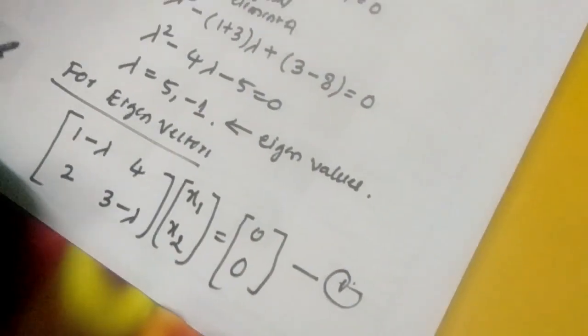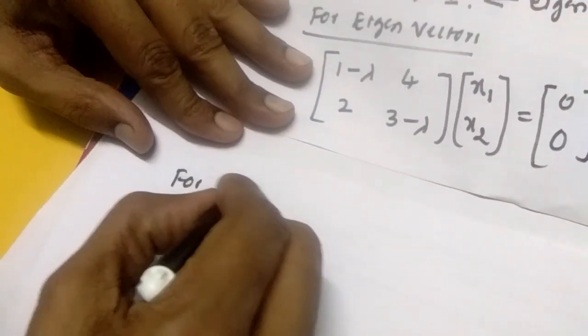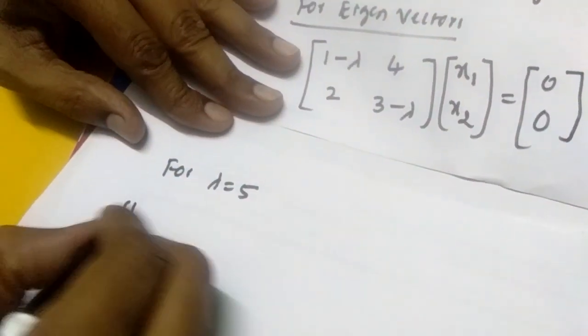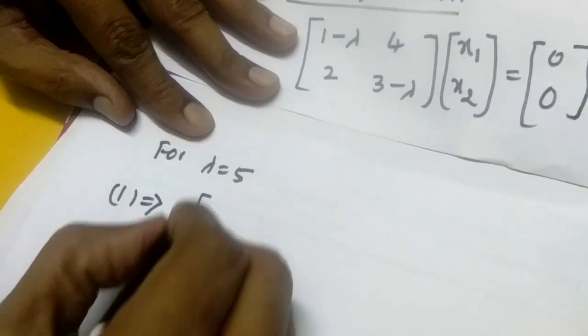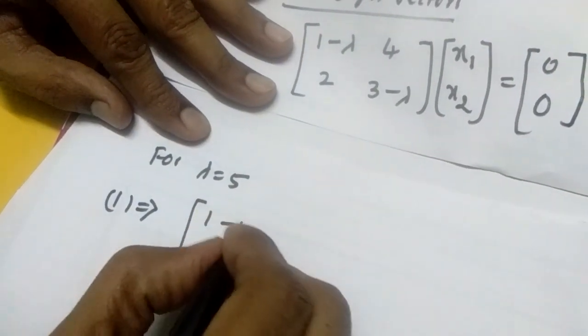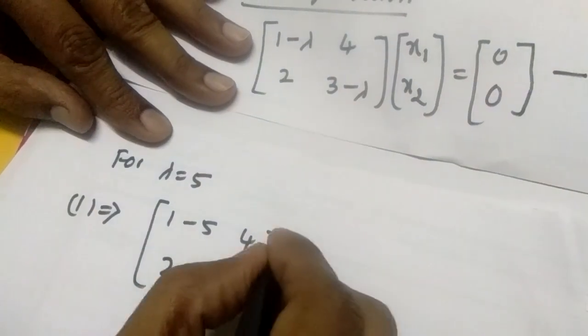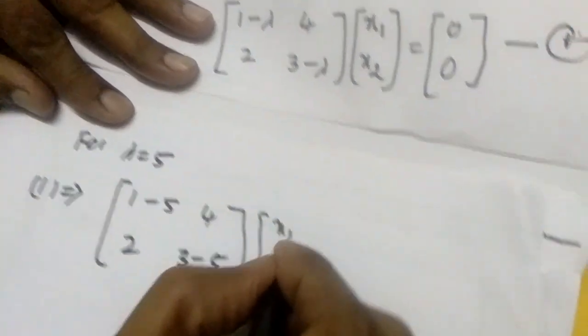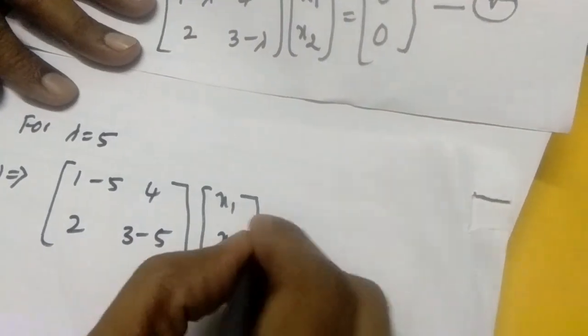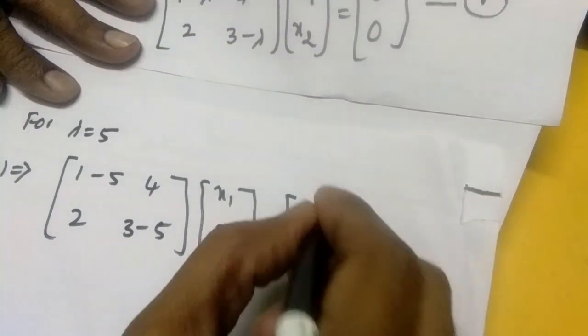If we put lambda equal to 5, then equation 1 becomes [1 minus 5, 4; 2, 3 minus 5] into [x1, x2] equal to [0, 0].